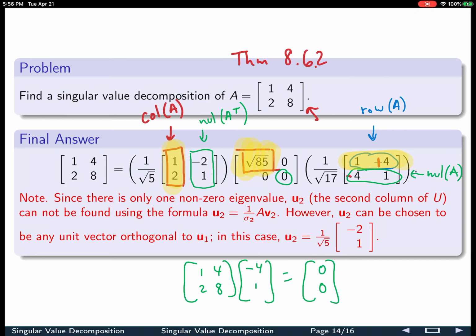And those ones correspond to the non-zero singular values, whereas the null spaces of A transpose and the null space of A correspond to the 0 singular values. And so yeah, what I did here at the bottom was just show that the vector -4, 1 was indeed in the null space of this original matrix A.